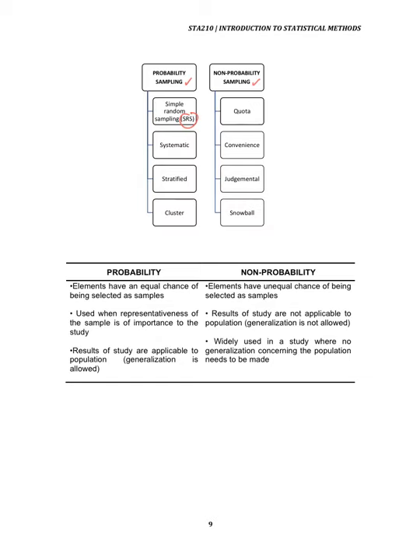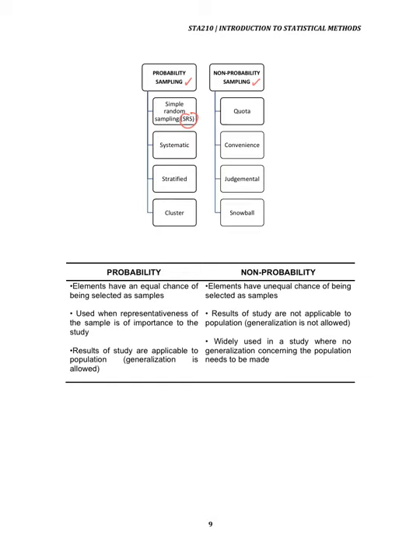So we look into probability first. In probability sampling, all elements should have equal chances of being selected as a sample. The tendency of every element in the population to be selected will be equal, whereas for non-probability, the elements have unequal chances of being selected.